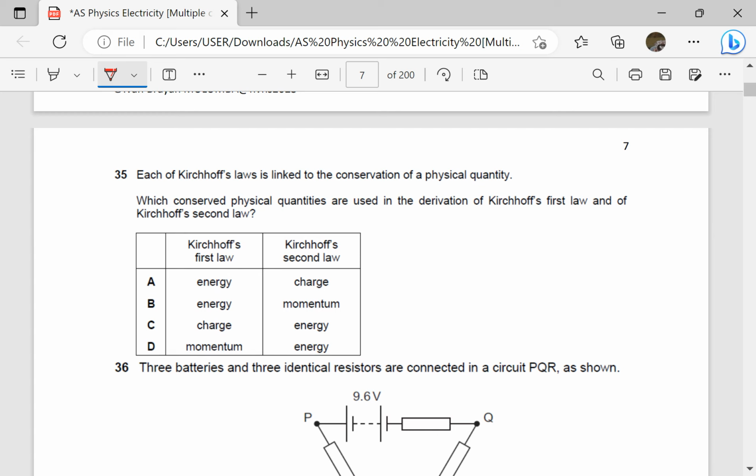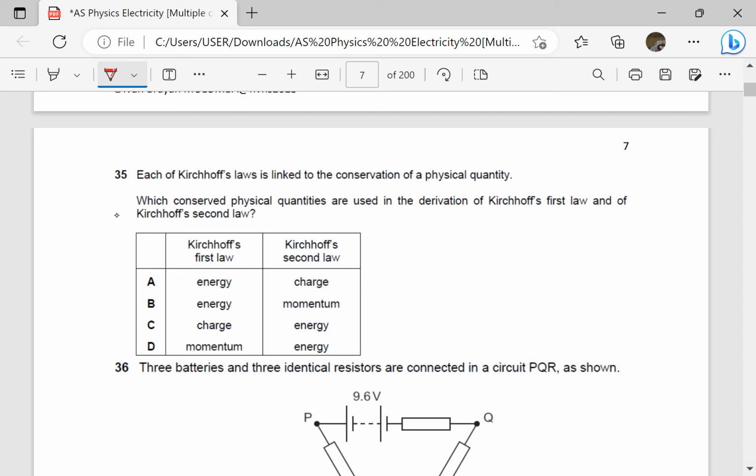Each of Kirchhoff's laws is linked to the conservation of a physical quantity. Of course, that is very easy. The first law, the sum of currents into a junction is equal to the sum of currents out of a junction. That is conservation of charge, because current is the rate of flow of charge. The second one, the sum of EMFs is equal to the sum of PDs around a closed loop.